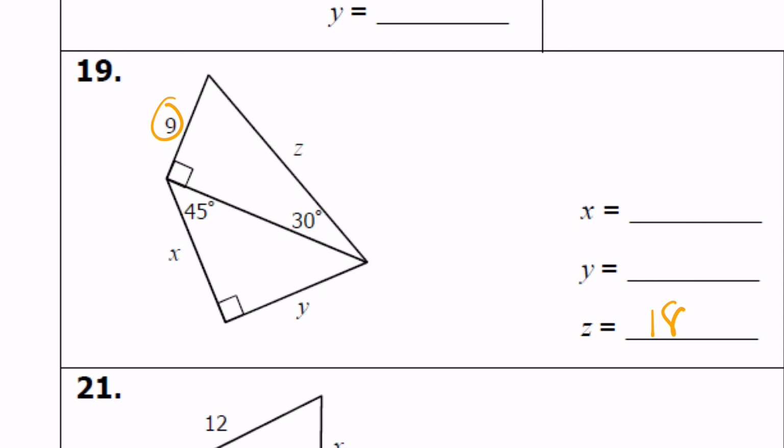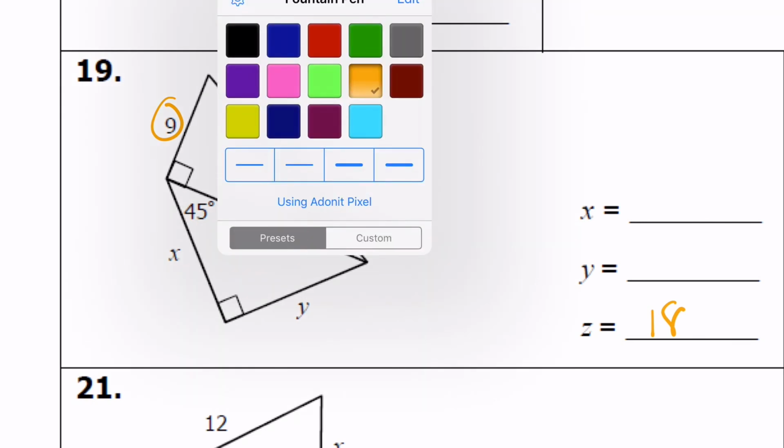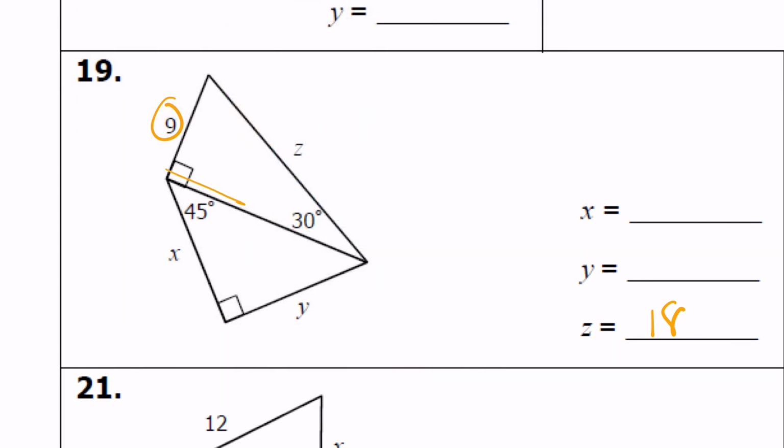All right, now I got to look back at this other triangle. It's not asking me for any info on this side of this 30, 60, 90 triangle, but I need to find it anyway because I'm not given enough information on this other triangle to find x and y yet.